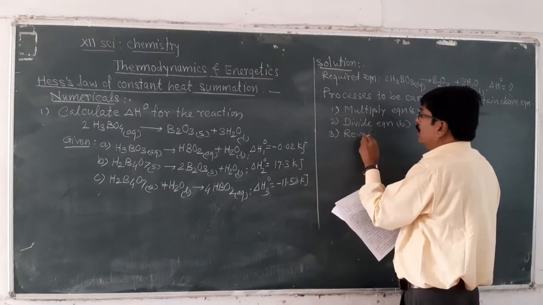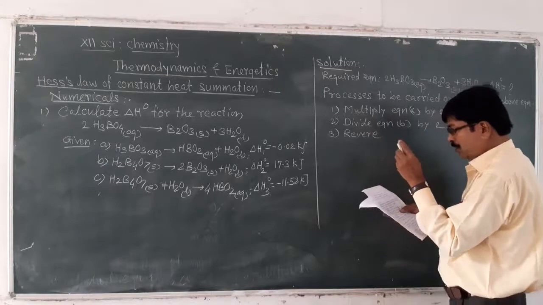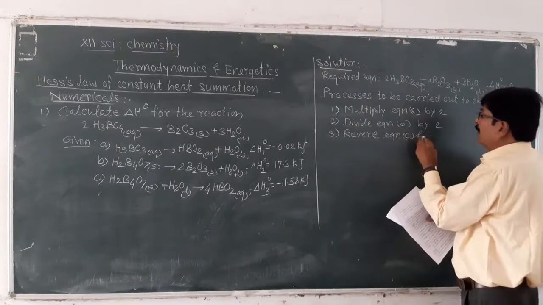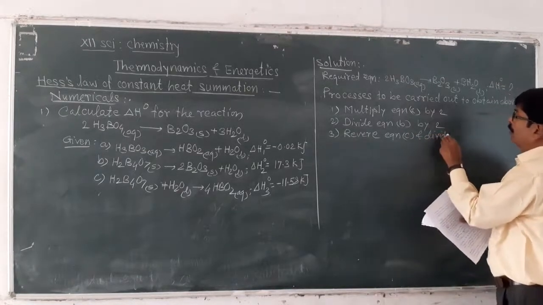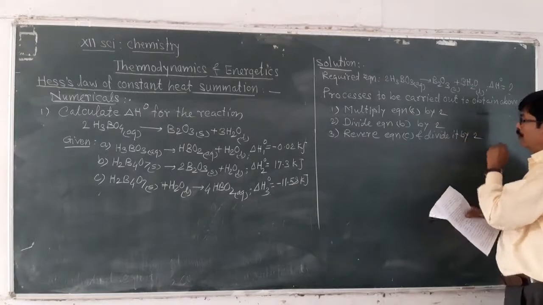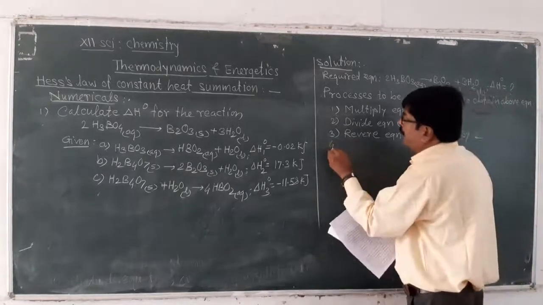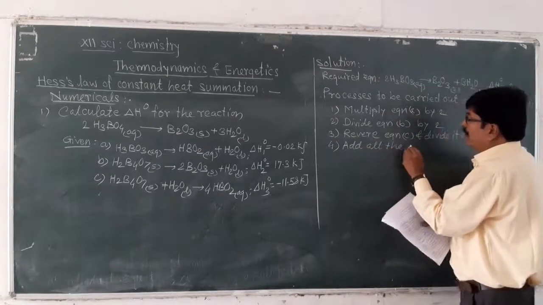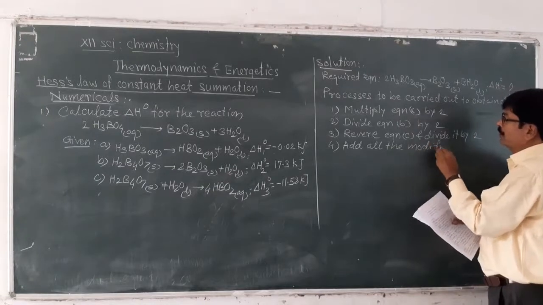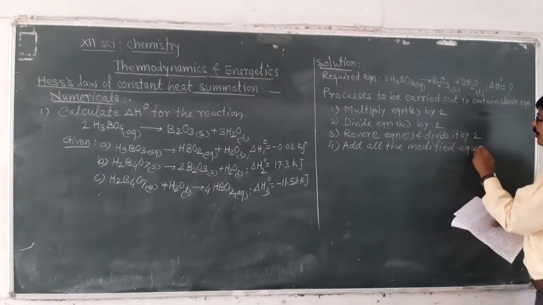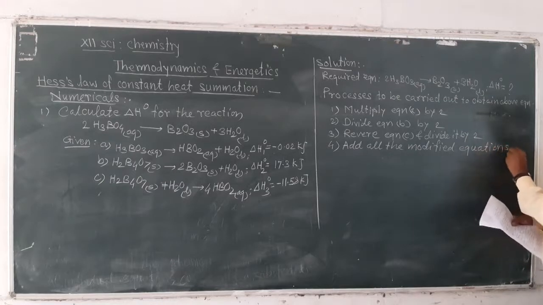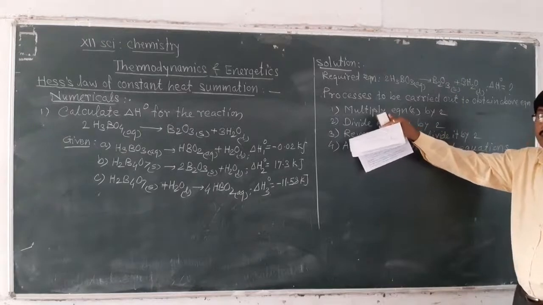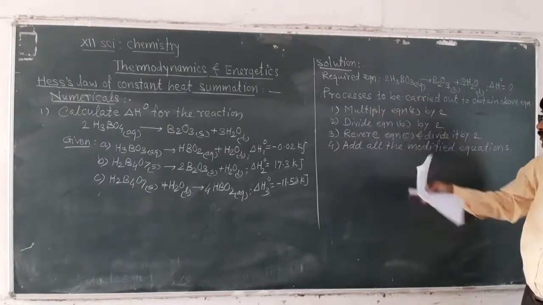Reverse equation C and divide it by 2, and finally add all the modified equations. Now by seeing this equation, you can carry out different processes on the given equations as given on the blackboard.